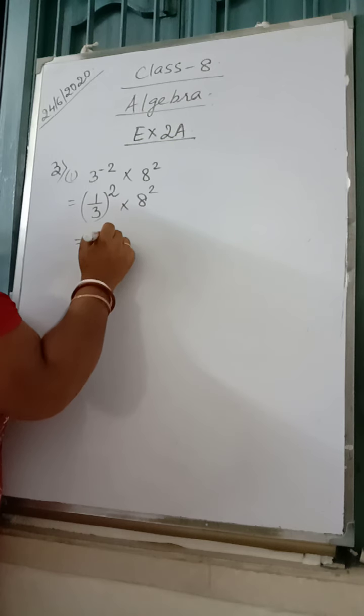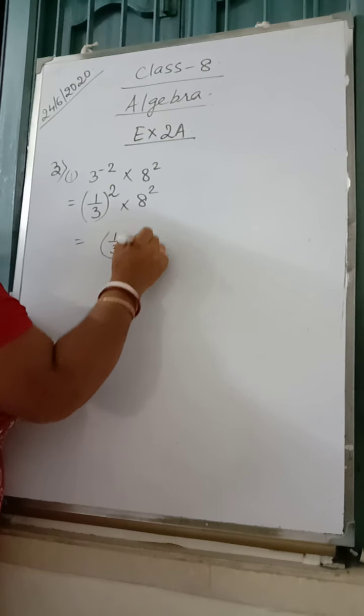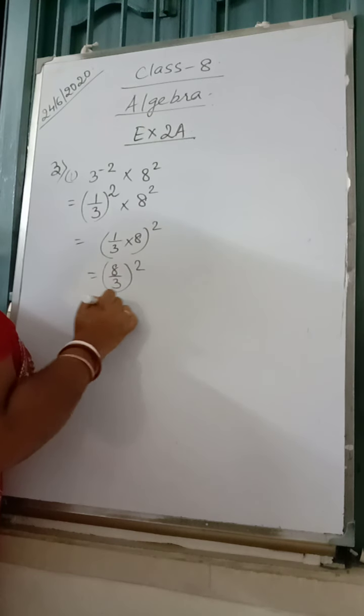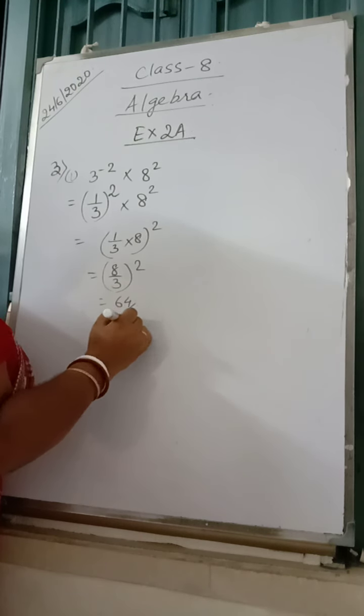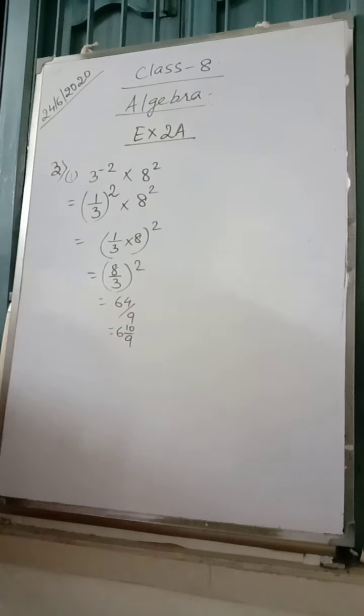According to the next rule, if the indexes are same, bases are multiplied together with the same power. So this gives you 8 by 3 whole square, or 64 by 9.